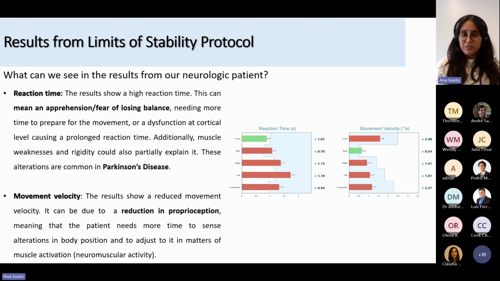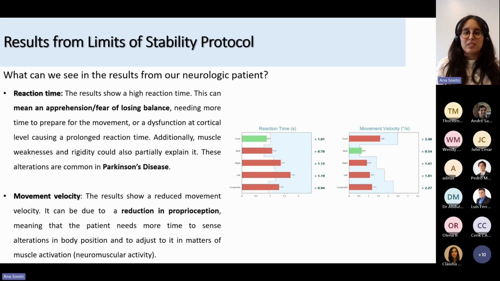One possible reason for an increased reaction time is anxiety and fear of falling, which is very frequent, mainly in the elderly population. So if we see that the rest of the parameters are okay and the reaction time is high, we can think about these more psychological factors being the main cause.